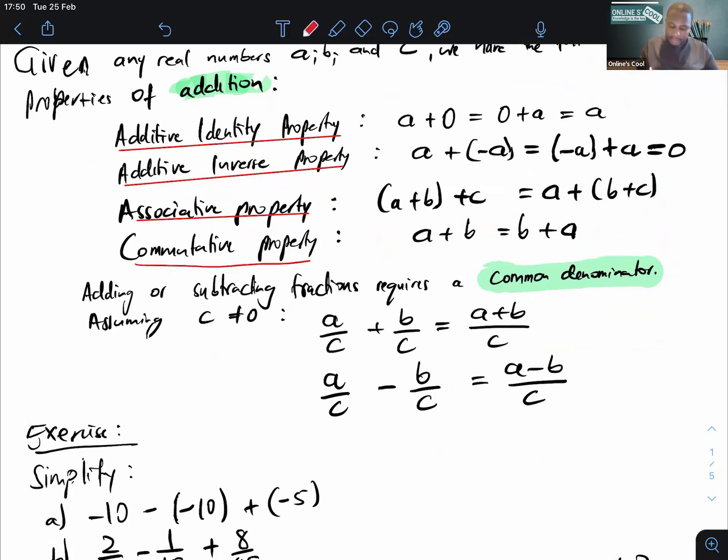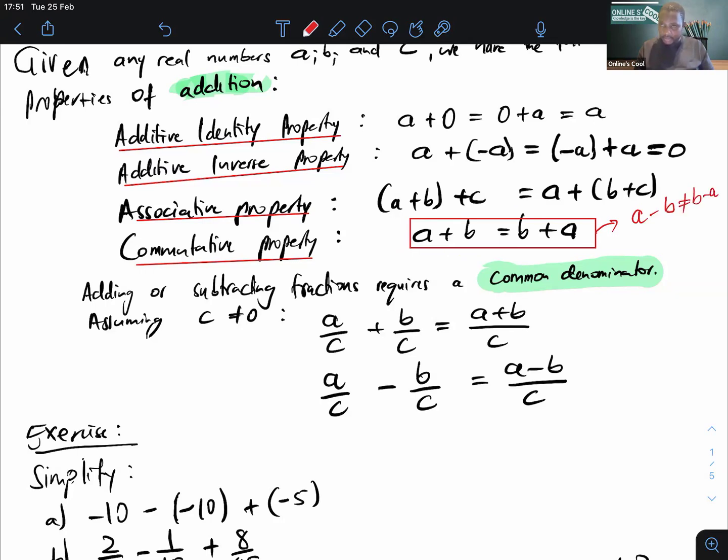And then we've got the commutative property. This one basically speaks about whether you can swap these things around. A plus B is the same as B plus A. However, A minus B is not the same as B minus A. So addition has the commutative property: you can swap the order at any point in time.